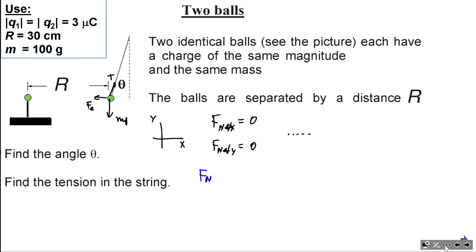Net force as a vector has to be equal to 0. Hence, tension plus gravity plus electric force together equal 0. The tail to head rule says we have to draw one arrow, then add a second arrow to it, and then add the third.